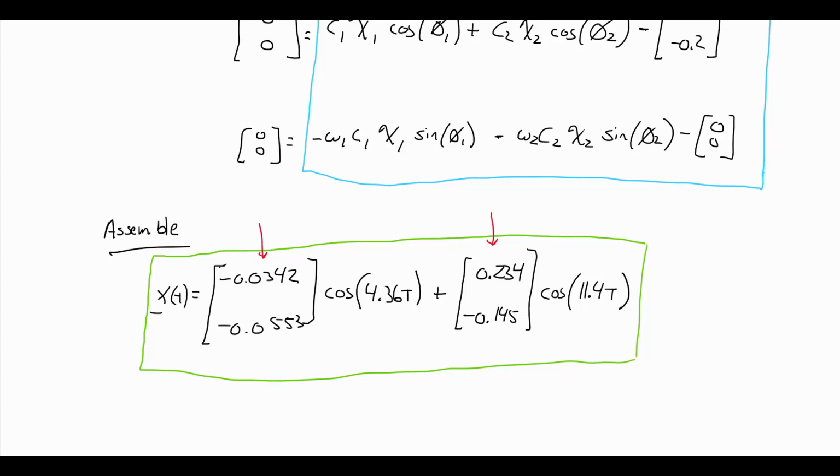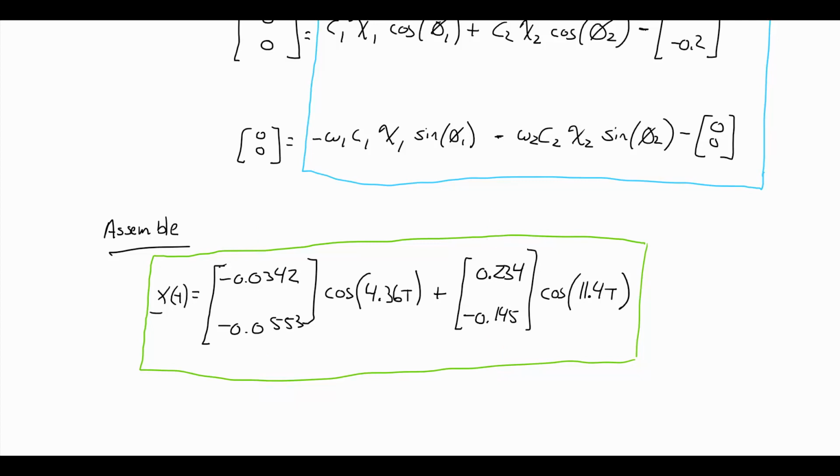So relative magnitudes, we should expect for x1 that the faster oscillations are going to be more pronounced. And that should be true for x2 too, that the negative 0.145 is going to be about 3 times or so larger than the first one. So we should also see more amplitude in the faster oscillations than the slower for x2.